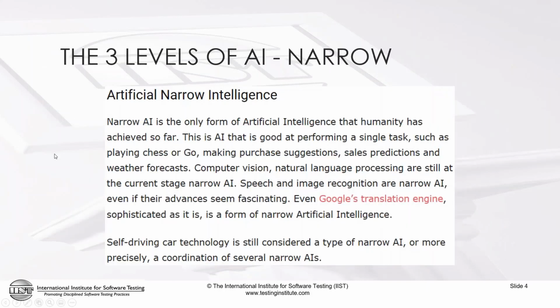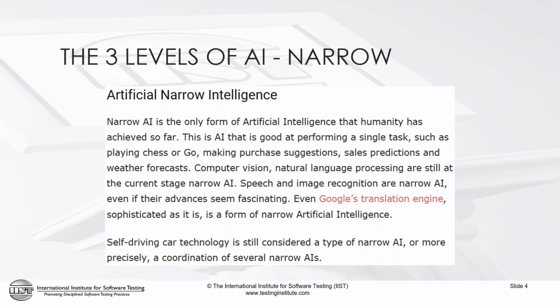In the world of artificial intelligence, there is an accepted measurement of where we are globally, and they break it down into 3 levels. The first one, where we are now, is called artificial narrow intelligence.